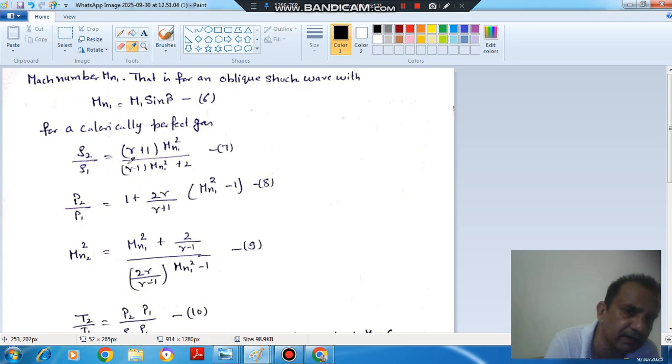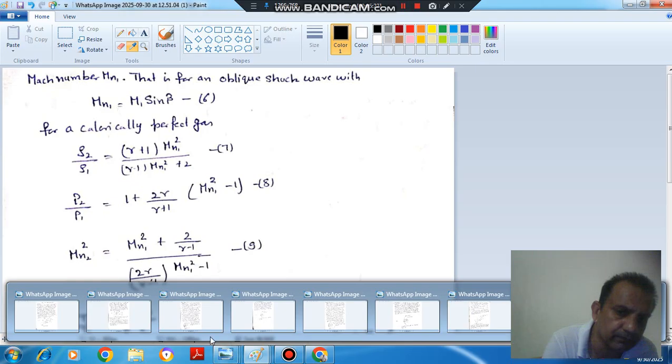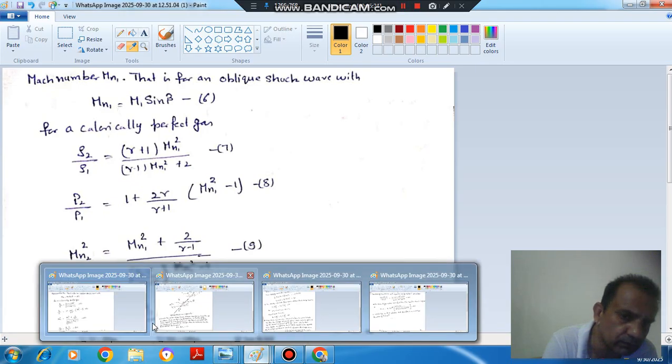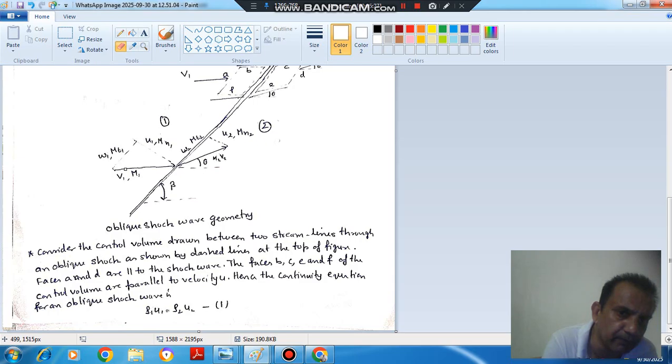So this is the difference. And how are Mn1 and Mn2 found? That is found from the geometry of the figure. Here we can see this is your M1 and this is your Mn1, and this angle is your beta angle.